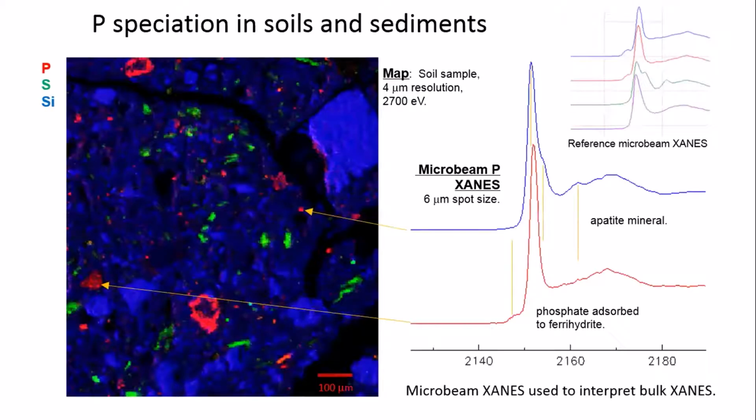A lot of the work done at the beamline is on soils, especially phosphorus in soils, because phosphorus is an important nutrient for agricultural and bioproductivity processes. The bioavailability of phosphorus is very dependent on its chemistry and its speciation. And soils are very heterogeneous.